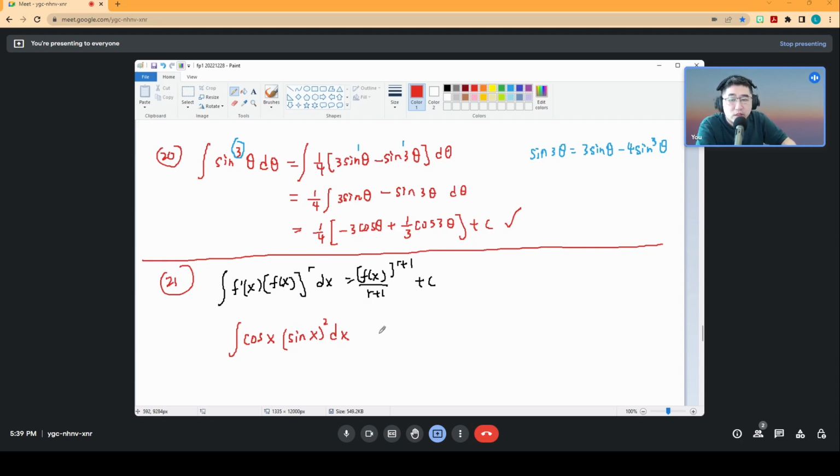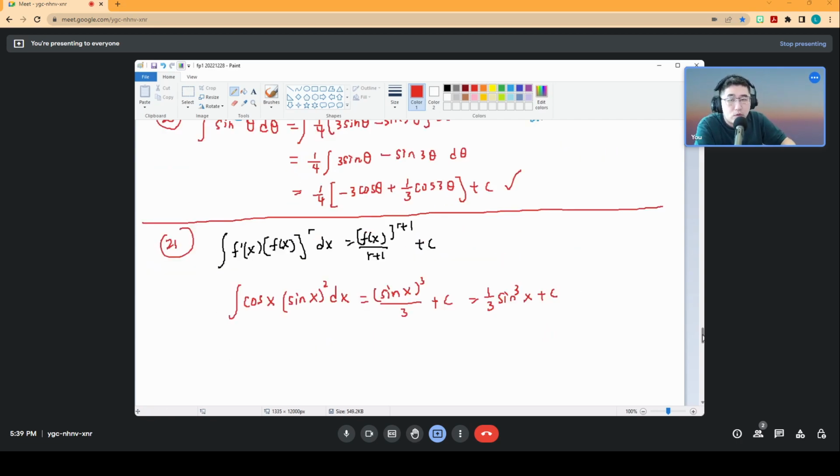Therefore, it fulfills exactly the formation. Hence, you will have sine x to the power 3 over 3 plus c. So this is 1 over 3 sine cube x plus c. Okay, so you can see that this is totally about recognizing the form.